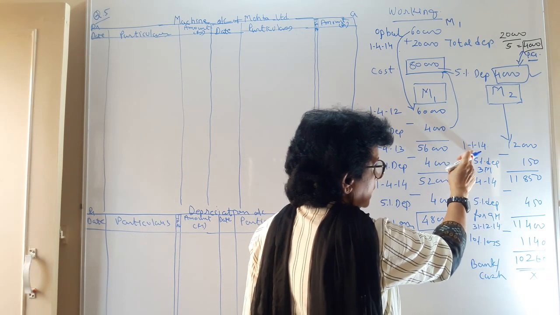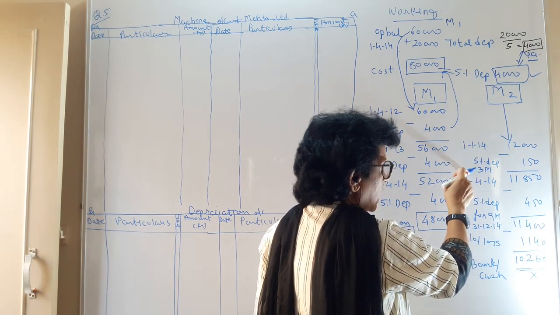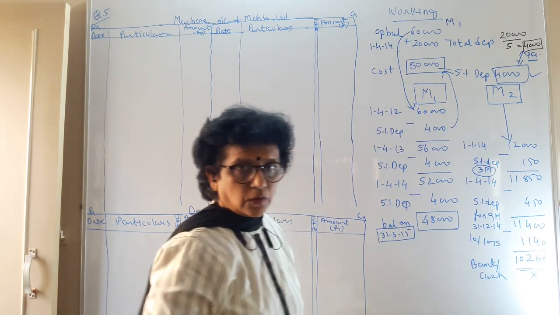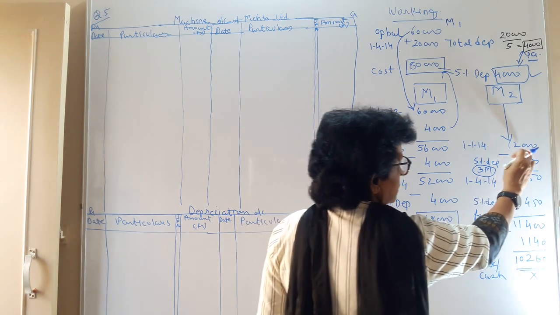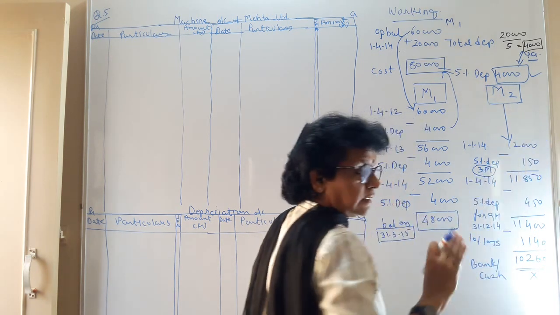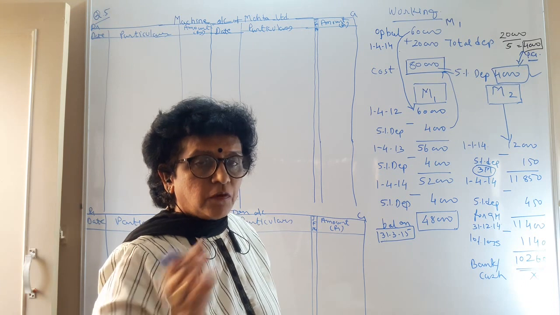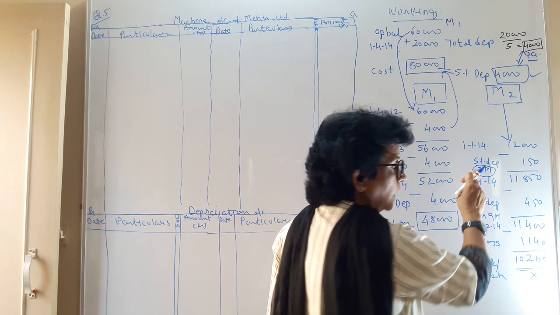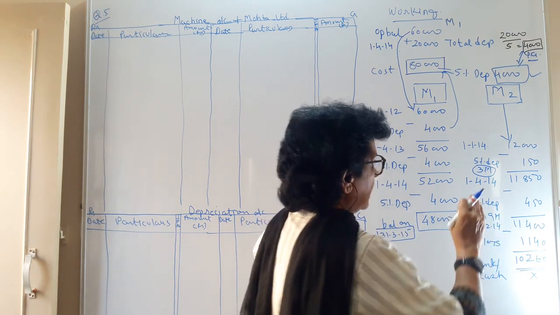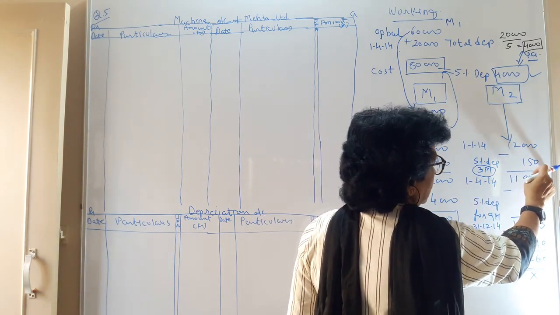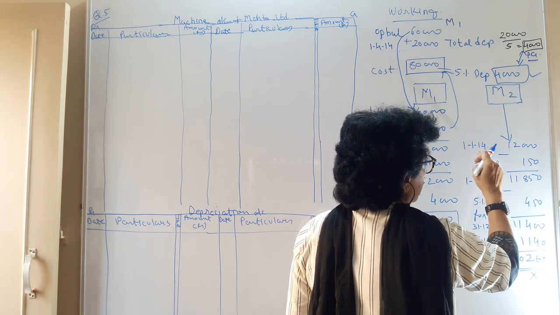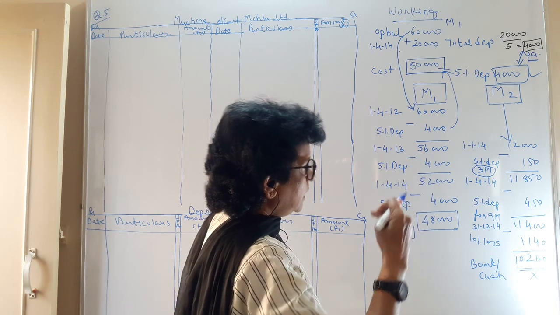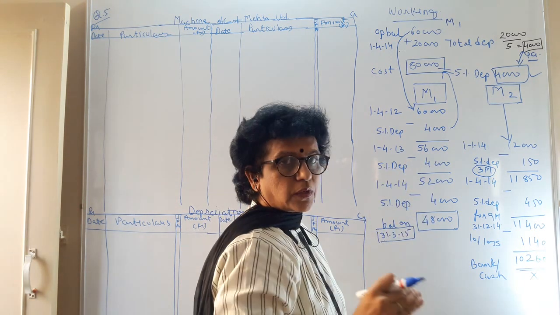So here, for January, February and March, you have to calculate 3 months depreciation. 5% depreciation of 12,000 is equal to 600, that is for 12 months. For 12 months it is 600, then for 3 months how much? When you work it out, you will get 150 rupees as the depreciation for M2 for the first financial year, from 1/1/14 till 31st March.